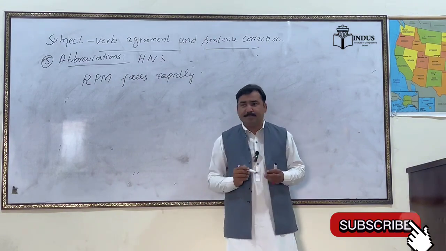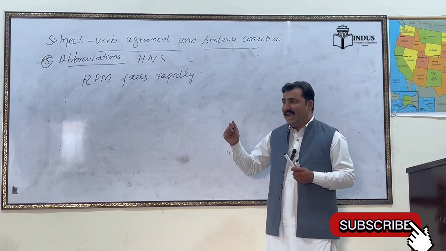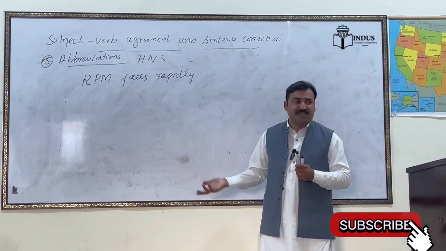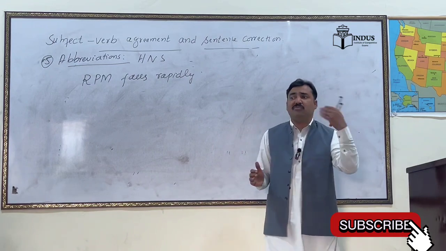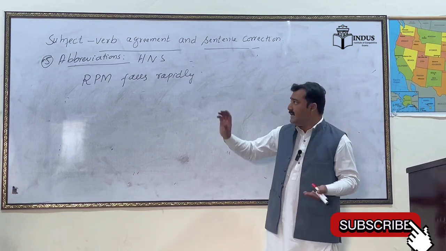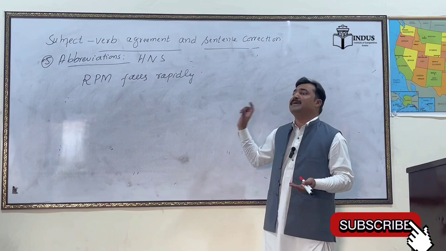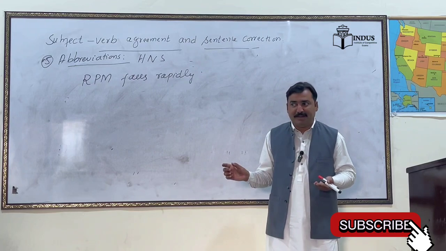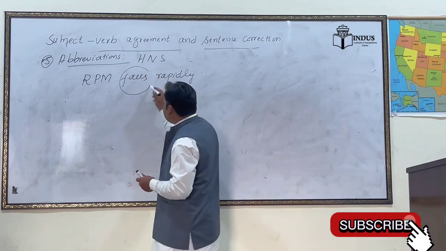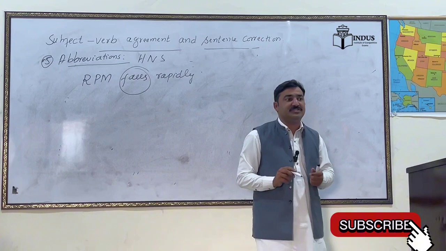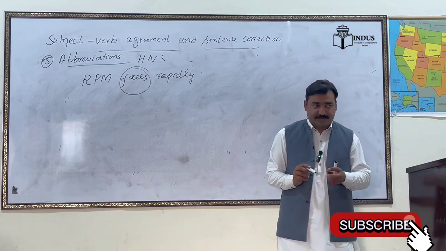Now, RPM is a subject and it is an abbreviation. What is the full form of this abbreviation? It means revolution per minute. Revolution per minute is singular, so I have treated it as singular. I have used a singular verb after it.